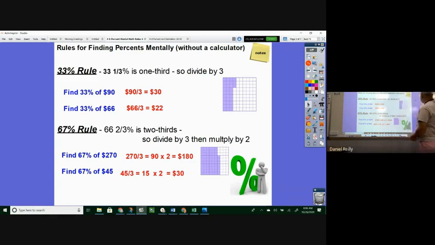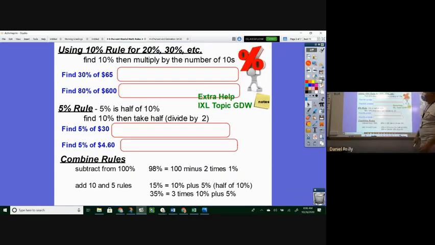All right, lastly here, the 10% rule allows you to find 20%, 30%, 40%, 70%. Any percent that ends in a 0, you can find by using the 10% rule. This is really the most important, the most commonly used one.